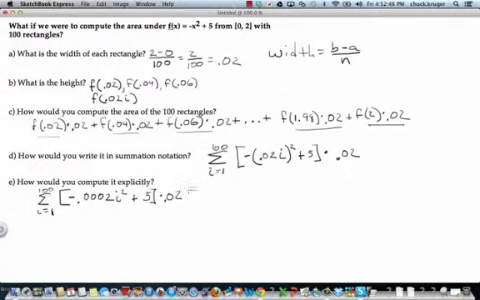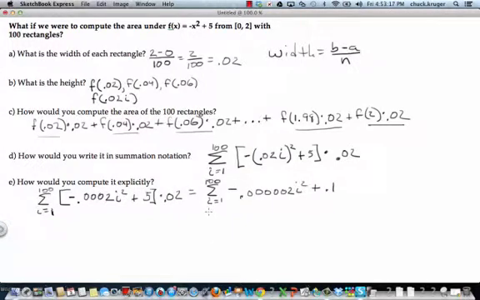Now if I distribute that, I have the summation of i equals 1 to 100 of a negative 0.000012345i squared plus 0.1.